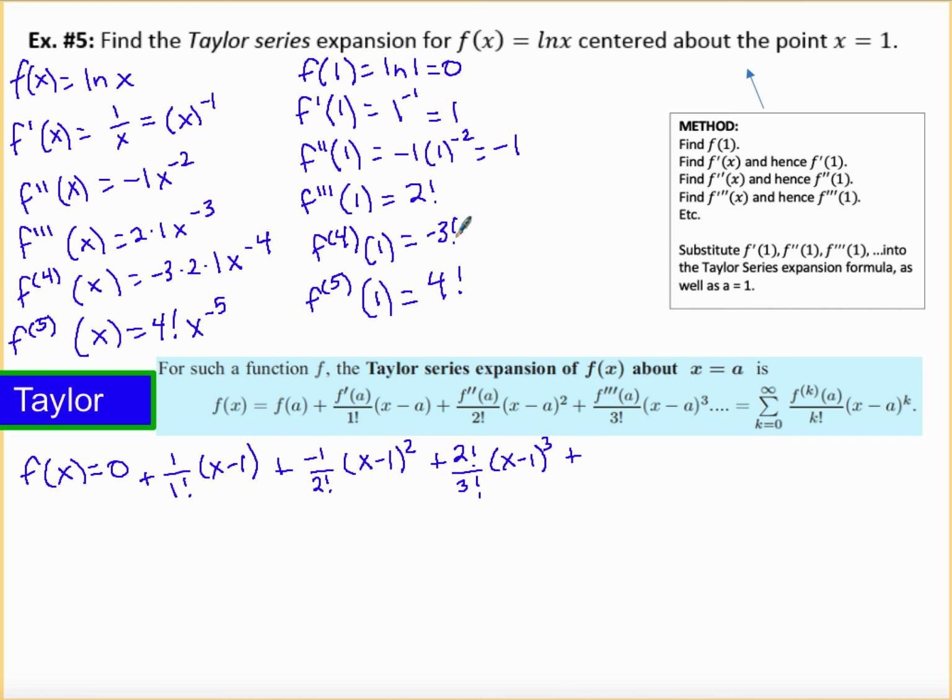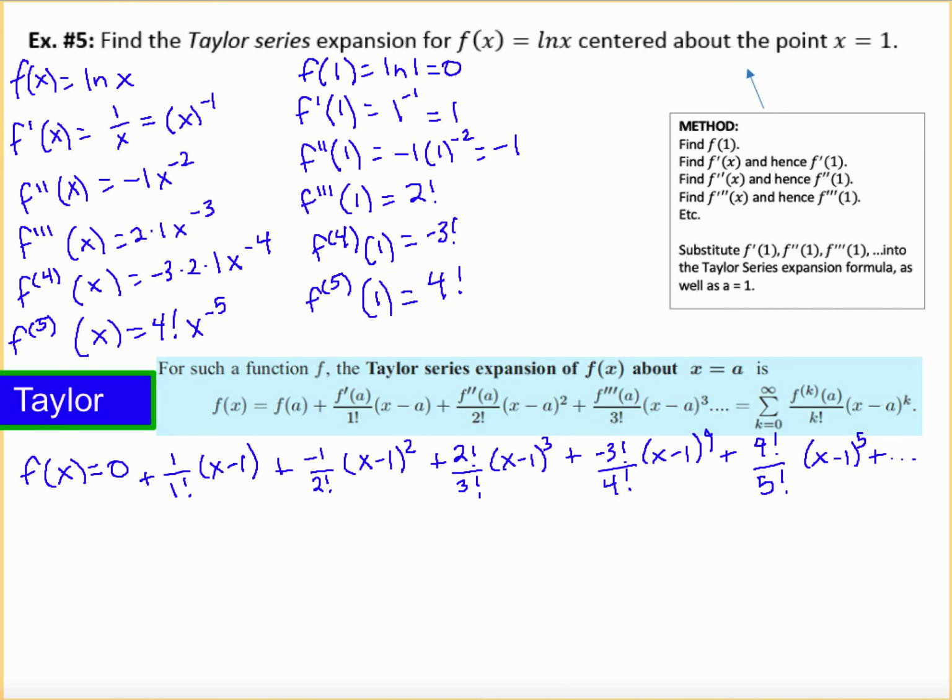Now we've got that fourth derivative at 1, so that's going to be negative 3 factorial divided by 4 factorial times x minus 1 to the 4th, plus, let's see, 4 factorial divided by 5 factorial times x minus 1 to the 5th, and so on and so forth.